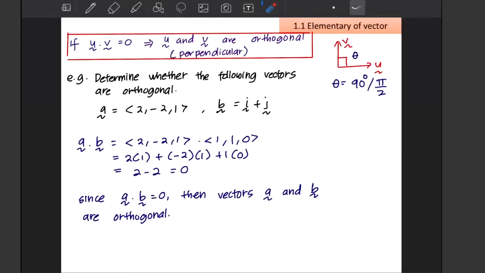You just multiply the same components. 2 multiplied by 1, negative 2 multiplied by 1, 2 multiplied by 1, and 1 multiplied by 0. So 2 minus 2 equals 0. So since A dot B equals 0, then vectors A and B are orthogonal.